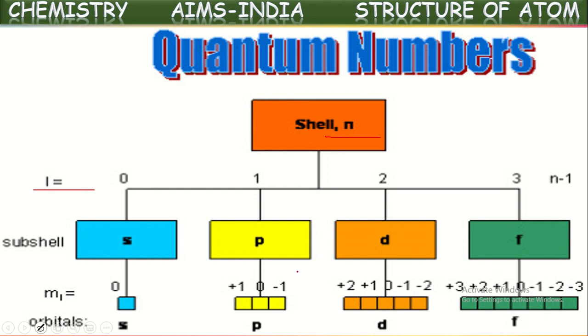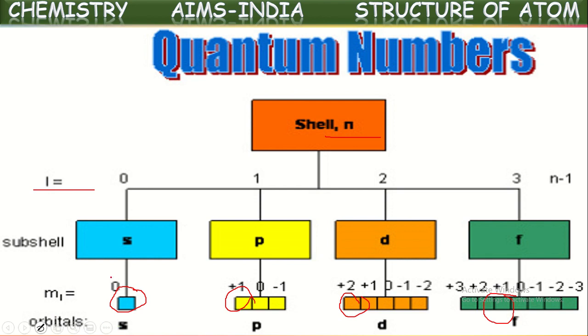In each orbital there will be accommodation for two electrons. Those two electrons will have different spins, one with clockwise spin and the other with anti-clockwise spin. This self spin of the electrons is given by the fourth quantum number, the spin quantum number.